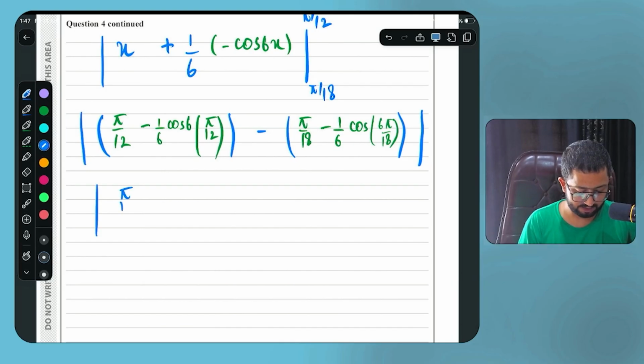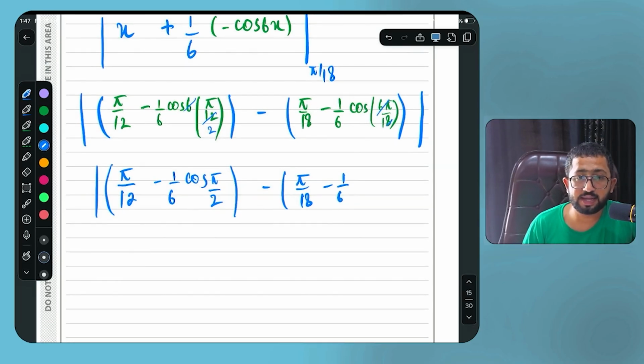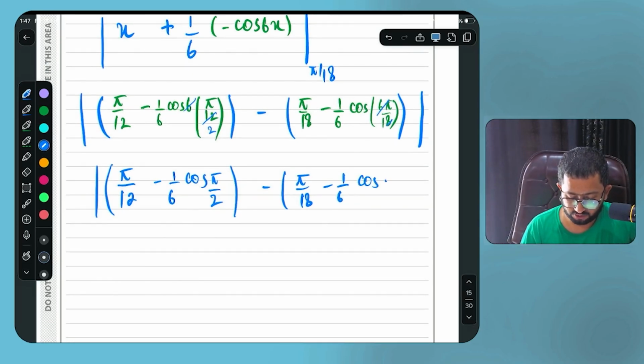So pi by 12, just simplify now. Cos of 6 2s are 12, so cos of pi by 2 actually. Minus pi by 18 minus 1 by 6. 6 3s are 18. So cos of pi by 3.